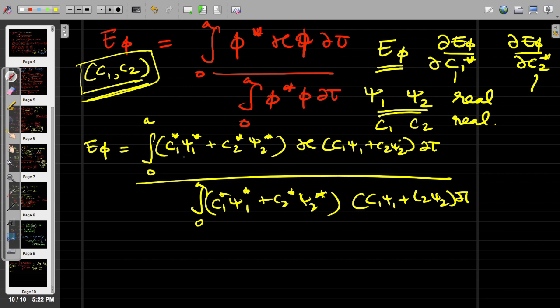Now we will get multiple terms that go with it. Remember, these wave functions are not eigenfunctions of the Hamiltonian operator, so you cannot invoke whatever we did earlier. But let's simplify this.